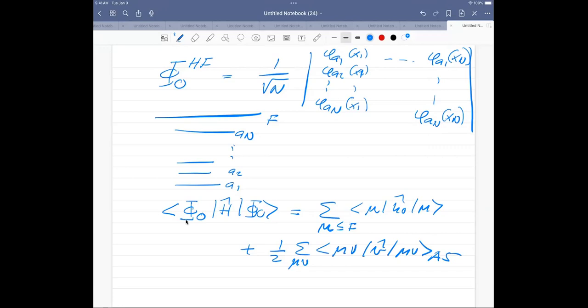So this is the expectation value with that specific Slater determinant. And we have calculated this. In the exercise, I'm just asking you to convince yourself that this is the case again.